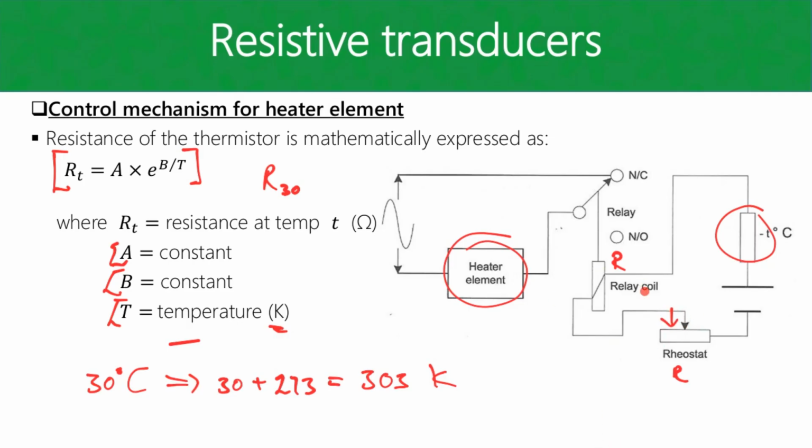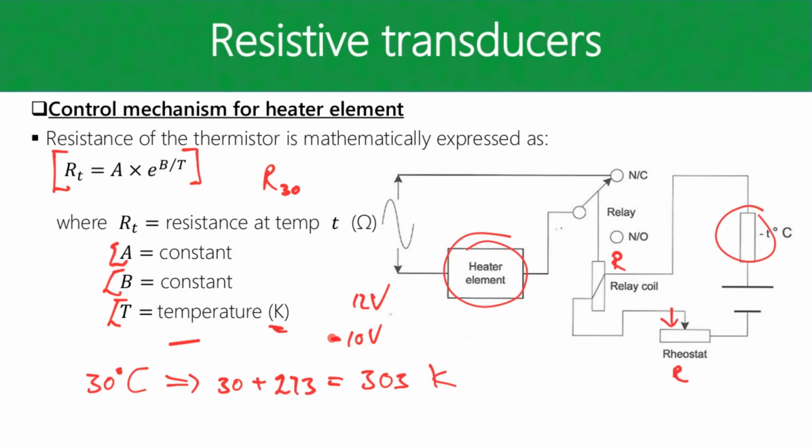Now, what you need to keep in mind here is that a relay coil needs a minimum voltage for it to be activated. Let's say the coil of a relay needs 12 volts, but it might be triggered at, let's say, 10 volts.